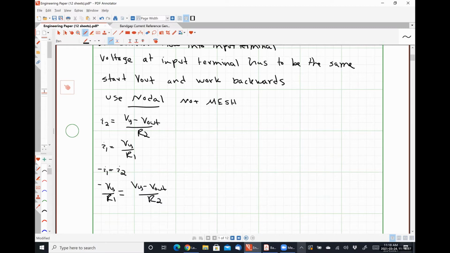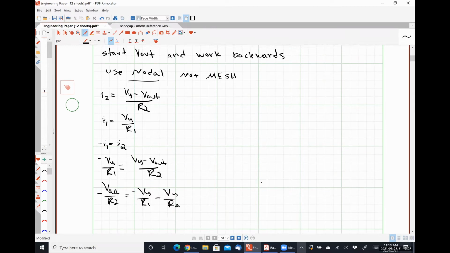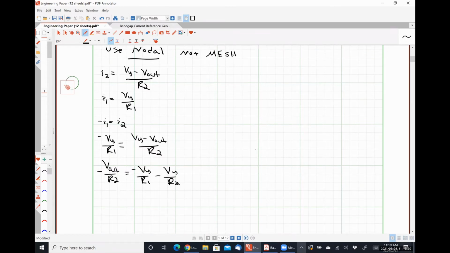And so, like I said, we want an equation for V out in terms of VY. And so we want to group all of our VY terms on one side, our V out term on the other side. And so we get V out over R2, like a negative, equals negative VY over R1 minus VY over R2. Okay, so I just split up that fraction on the right. And now we're going to factor out a VY from the right side, and we're also multiplying by negative R2.